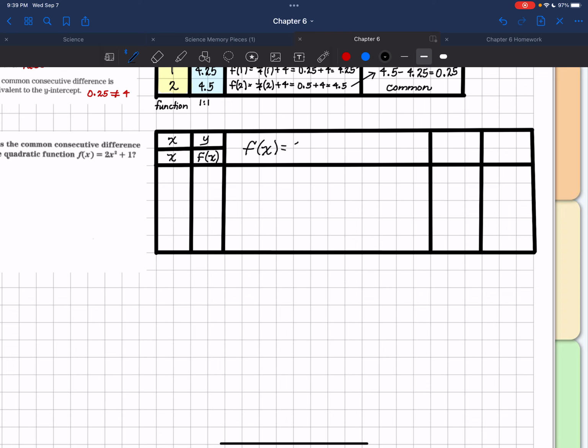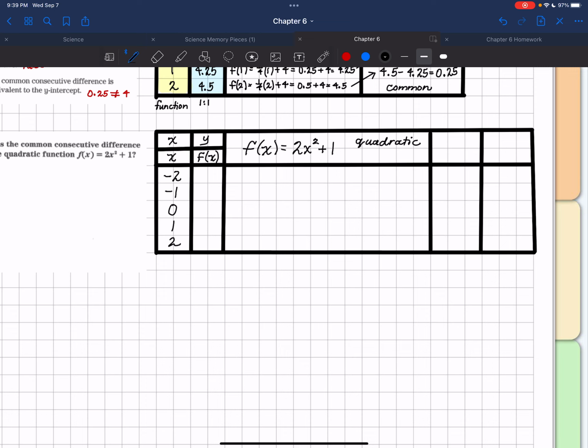equals 2x squared plus 1. So it looks quadratic. It's to the second power. But we will prove that if it is indeed quadratic. So I'm going to pick 5 consecutive x's. I'm going to use -2, -1, 0, 1, and 2.